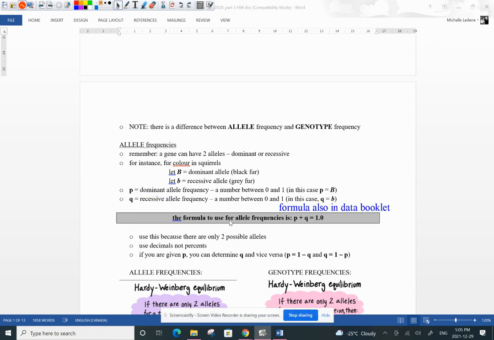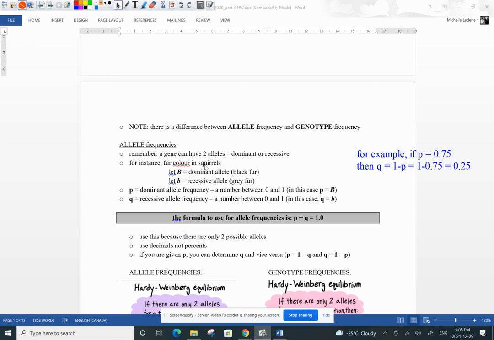So here's our formula to use for allele frequencies. P plus Q is 1. This is also found in your data booklet. So again, now we're working with two different equations, and you have to know how to use each of the equations and when.